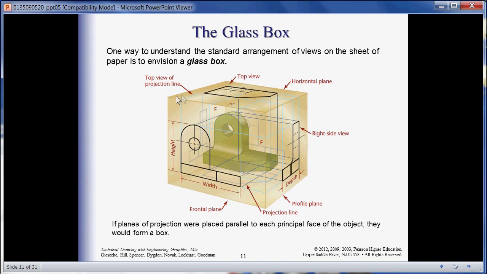If this is the hinge point, if I unfold that, that would be the top view, and if I unfold this side this way, it would be the side view, and likewise this left side here would open up, and then if that hinge point way back there would open up, we'd see the back. So this glass box is the way we should try to understand how these views should be presented.